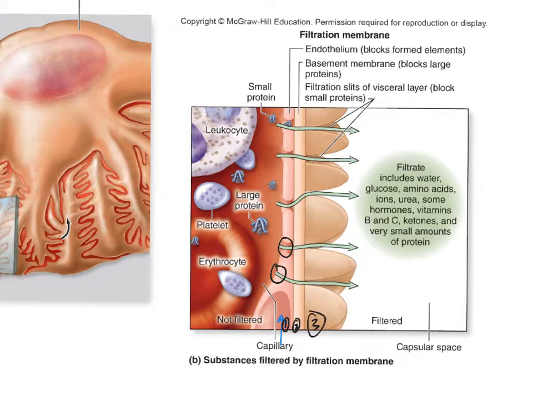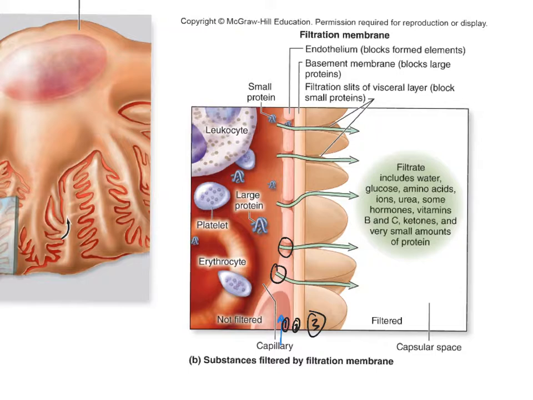Anything that doesn't fit through there or has a distinct charge doesn't get pushed through. And you'll notice things on the left side don't get pushed through. They're too big. So you've got large proteins, platelets, white blood cells, red blood cells. Those are too big to fit through the filtration slits.